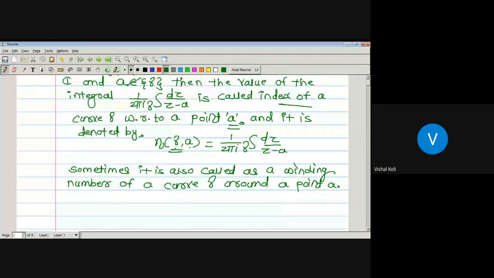Therefore, the index of a curve gamma with respect to point A always gives an integer value.